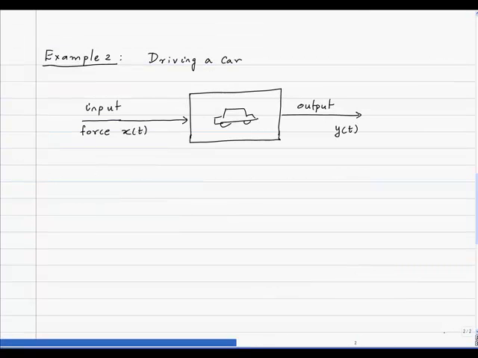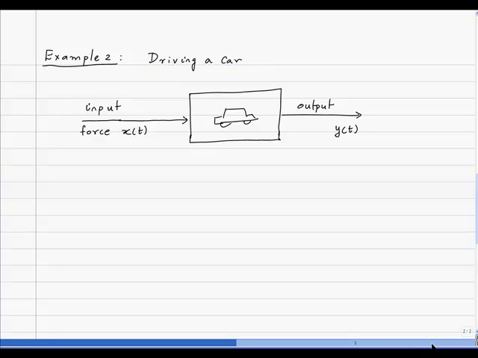Okay, now let's consider another everyday example, which is that of driving a car. We can try to model the car as a system by considering the input as the force that you apply on the gas pedal, and if you're interested in observing how the car travels, the position of the car as the output.